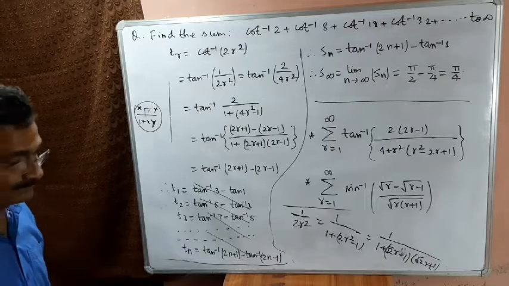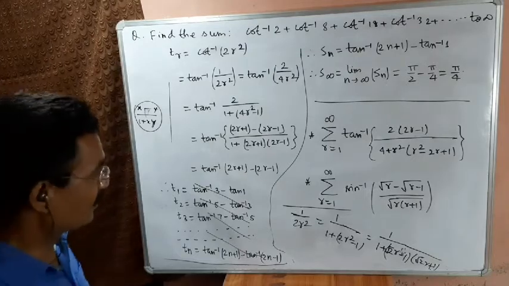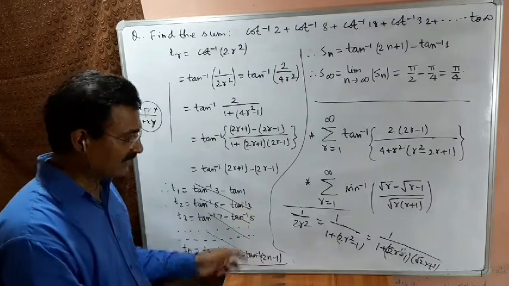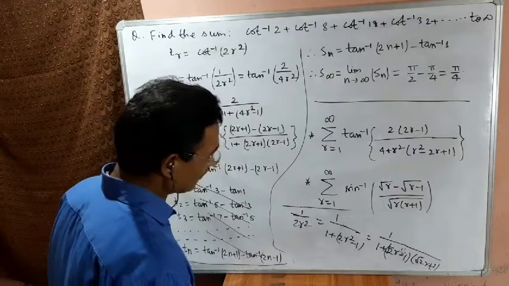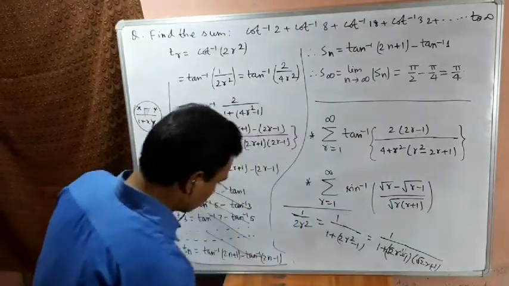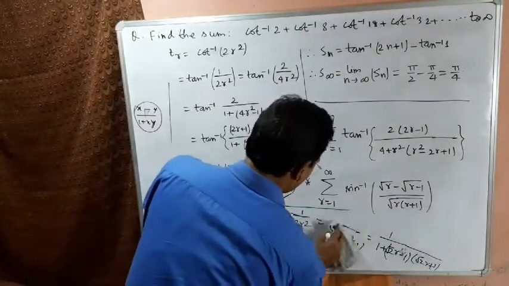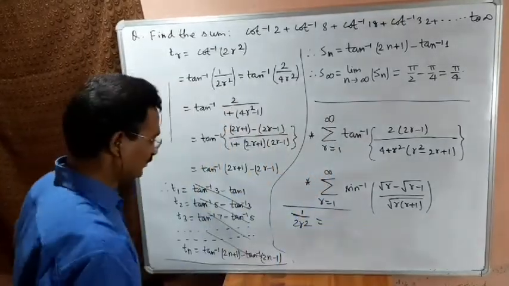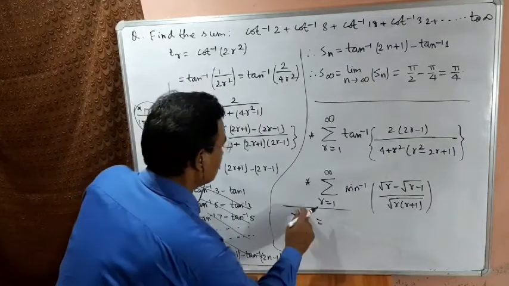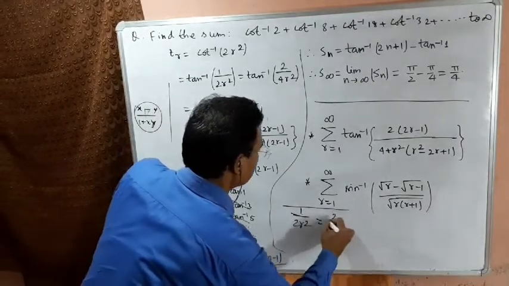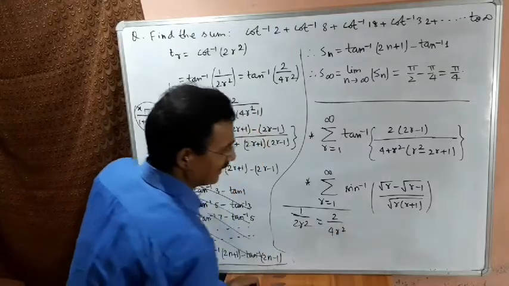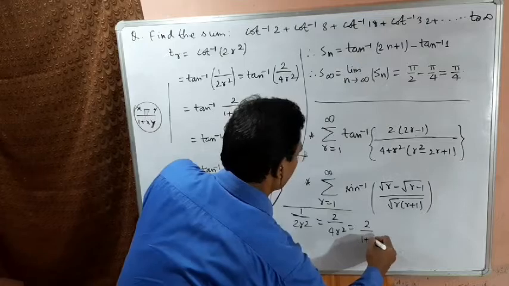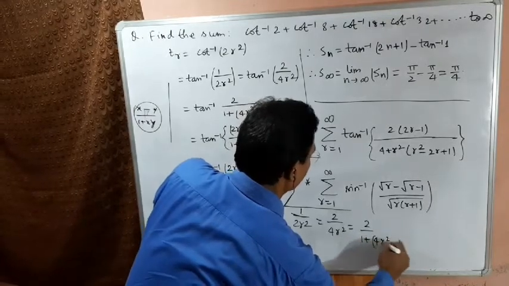This is not possible, not convenient. What form are we searching for? This cannot give that. Therefore, we multiply by 2 here, so this becomes 2 by 4r square, and now we add 1 and subtract 1: 1 plus 4r square minus 1.